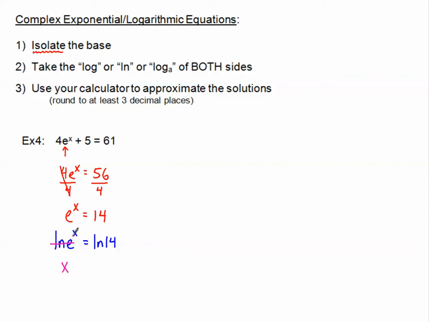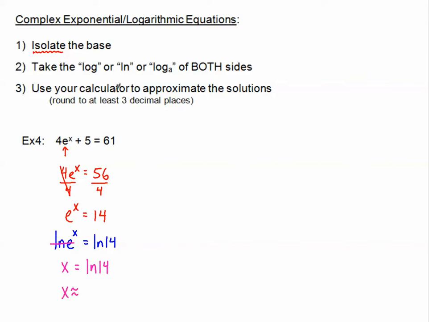Or we could use one of the properties that says if I have a logarithm with an exponent inside, I can bring the exponent outside and make this x right here, and then times the natural log of e. But the natural log of e is 1, so it would be x times 1. Any way you think about this, it will just equal x, and x will be equal to the natural log of 14. Whatever that is, I'm going to use my calculator.